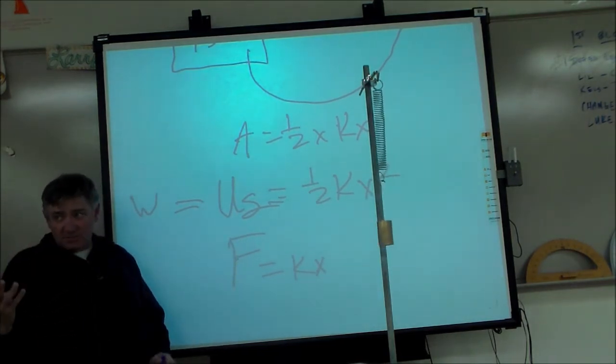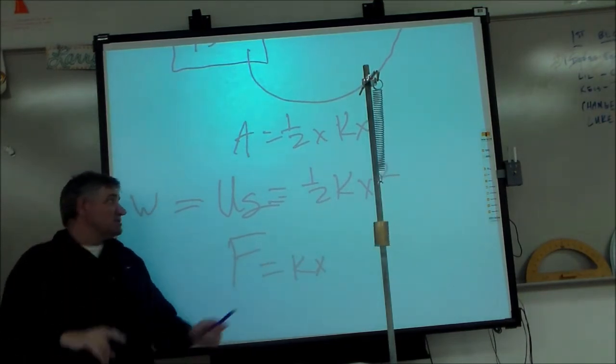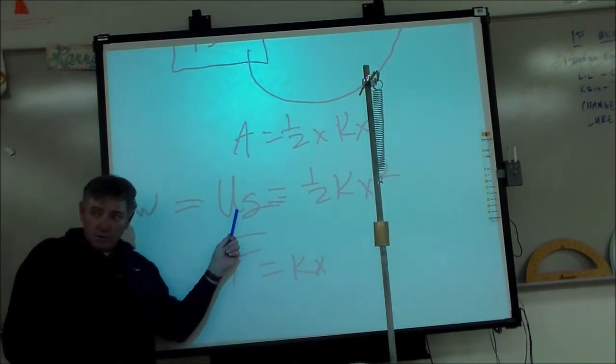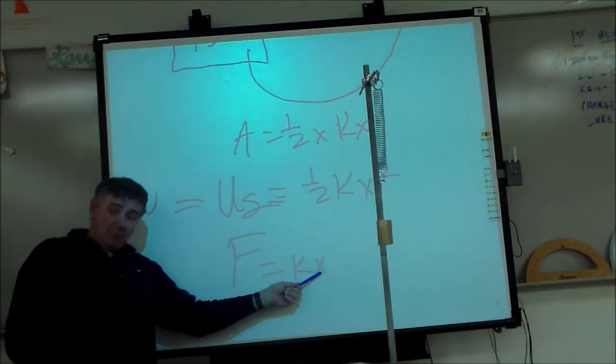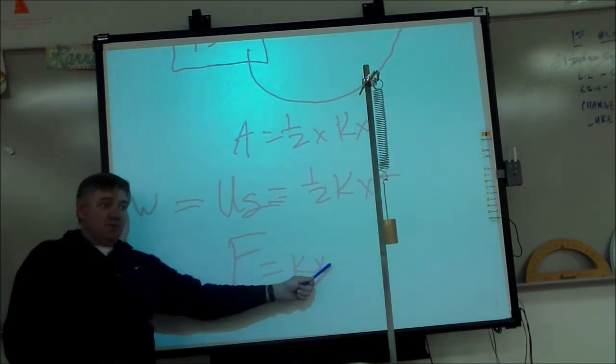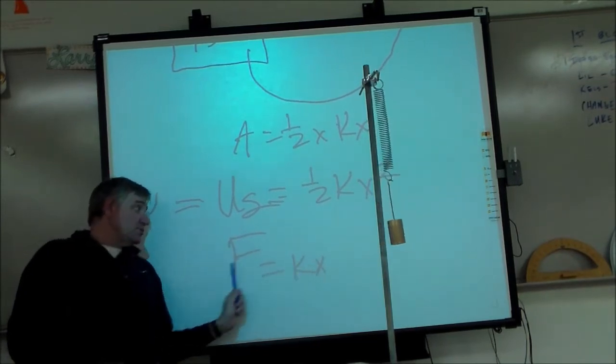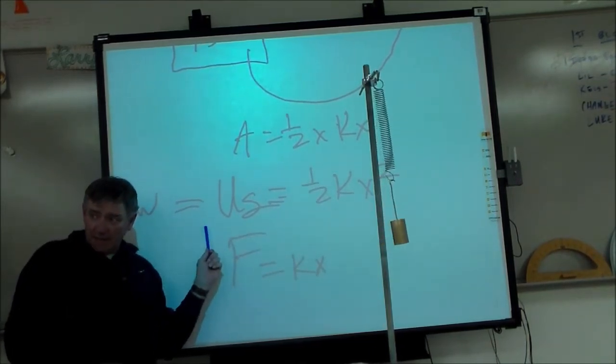Then it quadruples, because that's x squared. So if you double the distance, you quadruple the energy that you store. But if you double the distance, that just takes twice as much force, okay? So this one, double, double, that one, double, quadruple. Triple, triple, triple, increased by 9, okay?